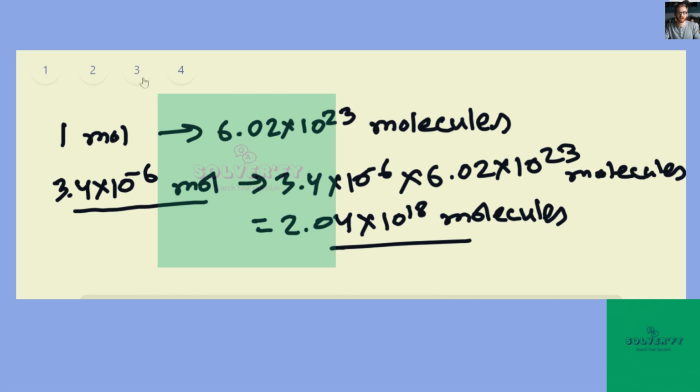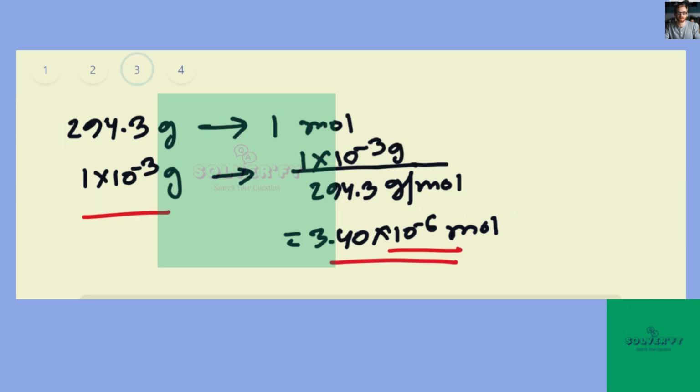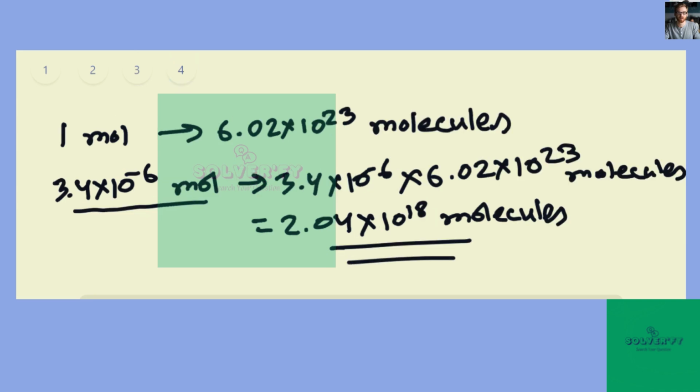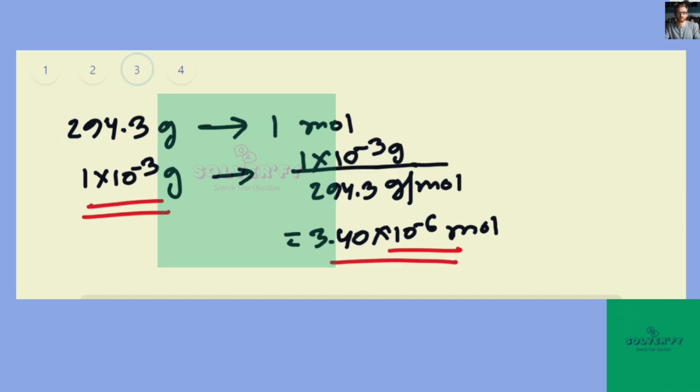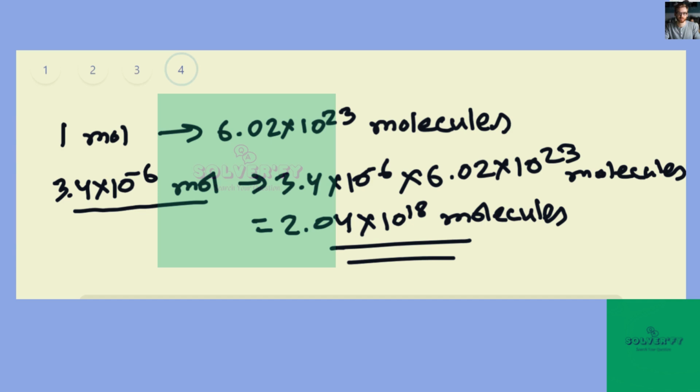And again, since this is the number of moles of aspartame for 1 milligram aspartame, that means this many molecules are contained in 1 times 10 to the power minus 3 gram, or 1 milligram, of aspartame. 1 milligram aspartame contains this number of molecules.